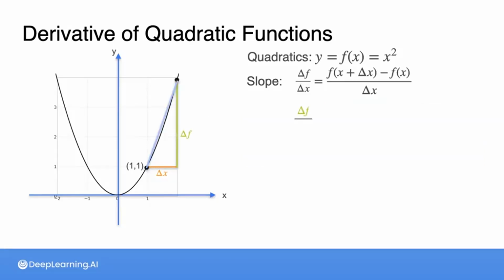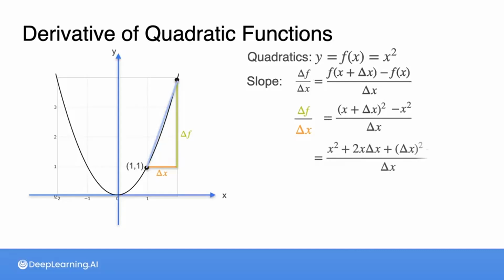So let's actually calculate it formally. What's delta f over delta x? Well, delta f, just like above, it's x plus delta x squared minus x squared divided by delta x. So let's expand that and let's cancel some things out. The x squared goes with the minus x squared, the delta x goes with the delta x, and you get 2x plus delta x.